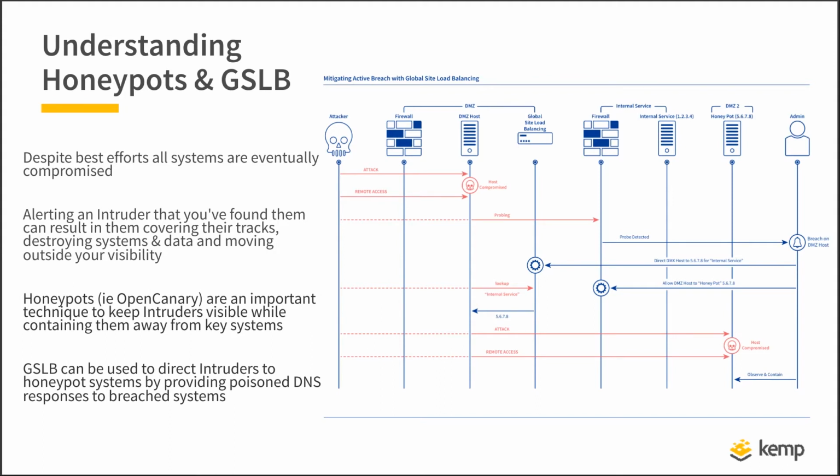So one of the things, once you have a honeypot set up and you know that an intruder is present, you need ways of directing them to that honeypot and trying to ensure that they land there rather than somewhere else. Again, there's kind of a number of techniques around this that can all work together, but GSLB can, again, be an important tool here by allowing you to poison the DNS responses to that breached system and ensure they always resolve to the honeypot.